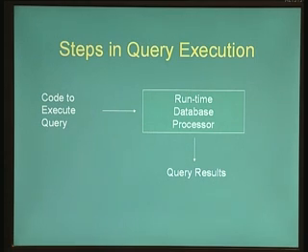The machine code that is generated in a compiled mode of query execution is then given to the runtime database processor, which executes the code and returns the query results.